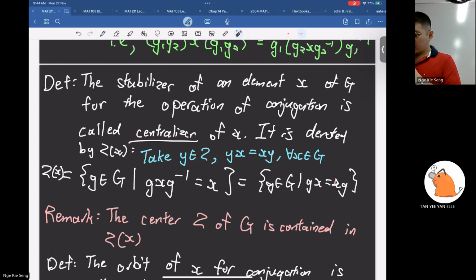So the center will always commute with my x, so it is in the centralizer. Does it make sense? Okay.